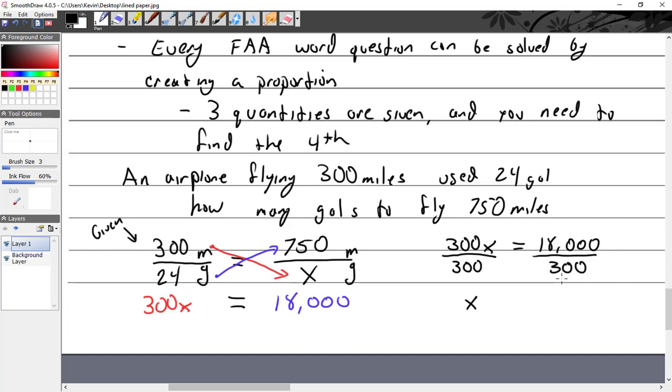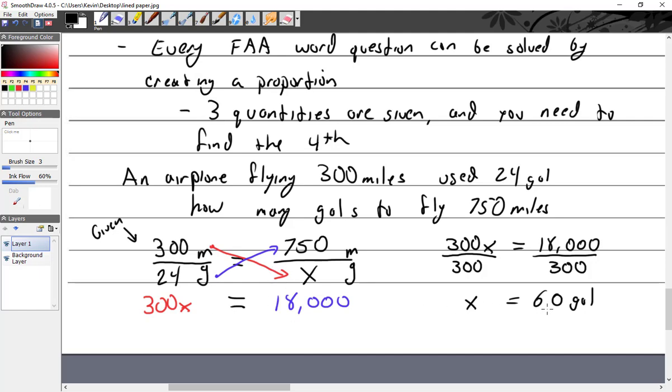18,000 divided by 300 equals 60. So 60 gallons. If I want to go 750 miles based upon that formula, it's going to take 60 gallons. Can I check if I'm right? Yes.